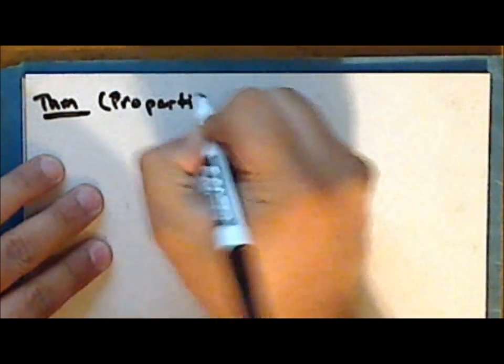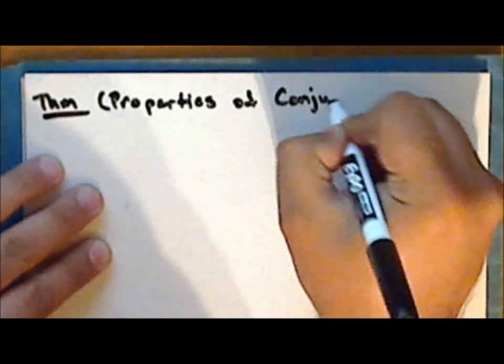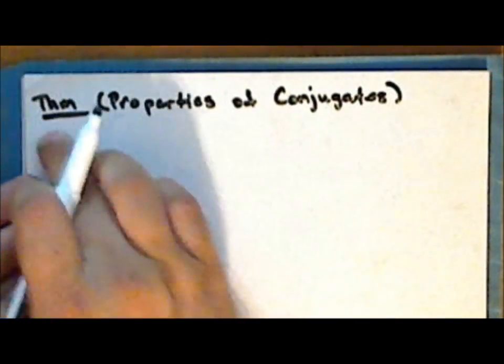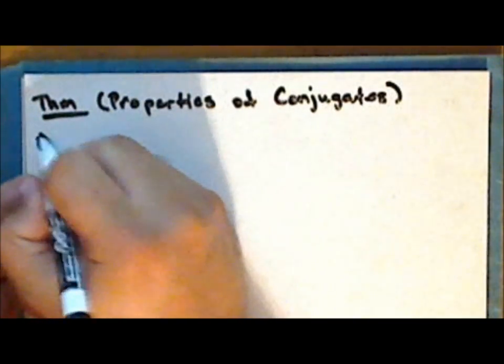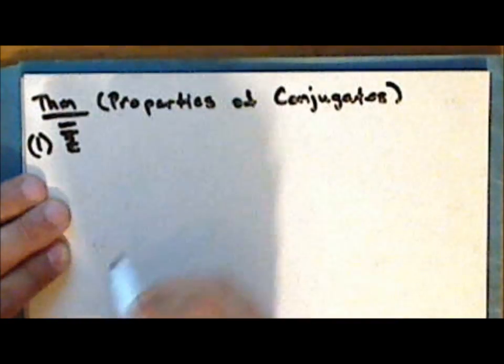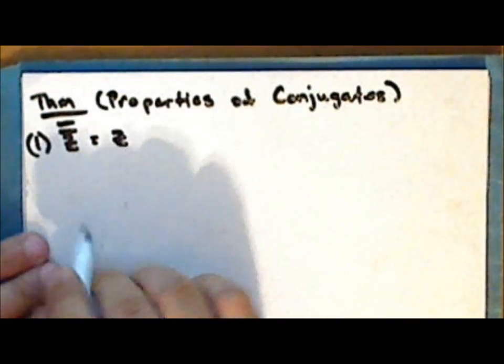So next we'll look at several properties of the conjugate. First, the conjugate of a conjugate is the original complex number.